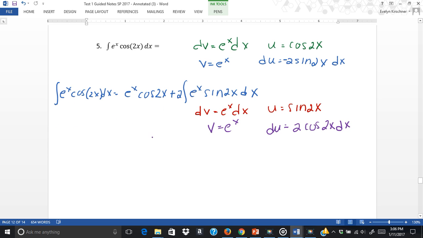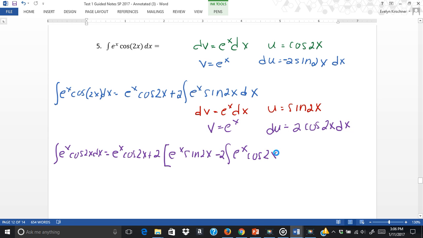So now I have to look at the whole thing. I have the integral of e to the x cosine 2x dx equals e to the x cosine 2x plus 2 times uv, e to the x sine 2x, minus the integral of v du, e to the x, 2 here, cosine 2x dx.